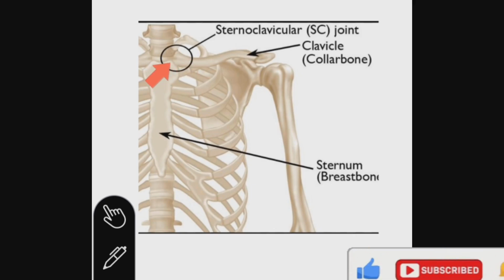They articulate at this position, and the first costal cartilage, you have it here. Now the articular surfaces are covered with fibrocartilage. The joint is separated into two compartments by a fibrocartilaginous articular disc. The movements of the joint include elevation of the shoulder, depression, protraction, retraction, and rotation.